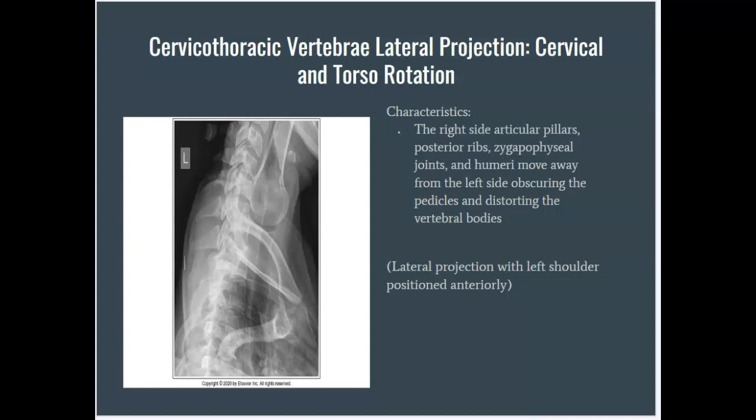It'll be more easily identifiable on the image because that shoulder is closer to the IR. If the humerus is rotated anteriorly, as demonstrated in this image, the shoulder position closest to the IR is positioned anteriorly.